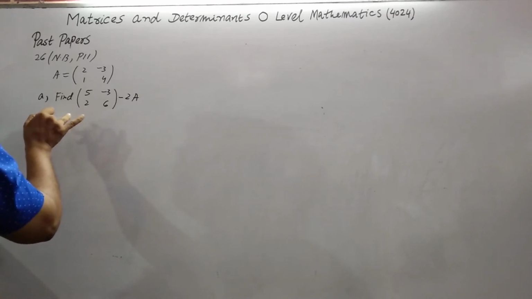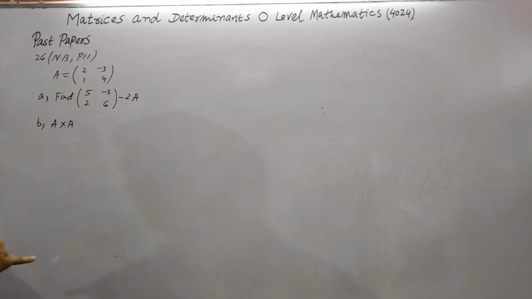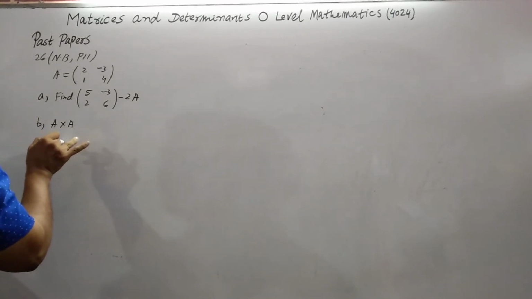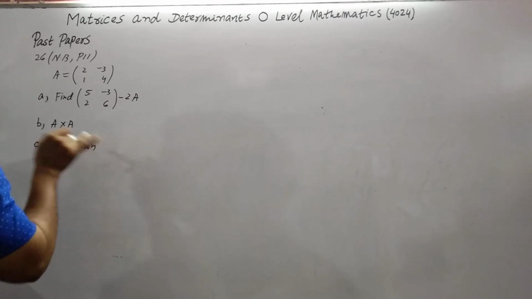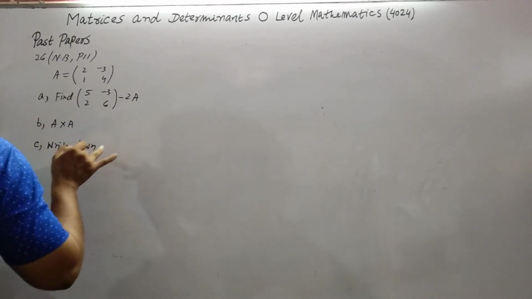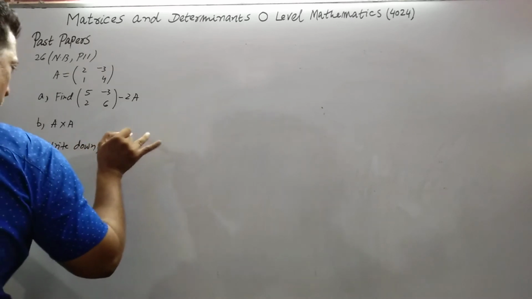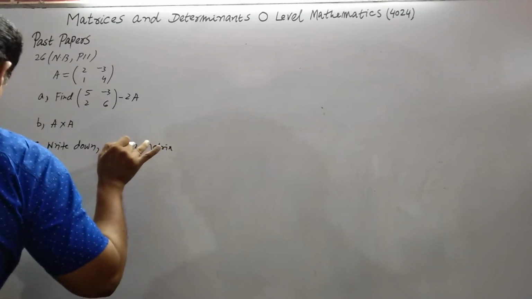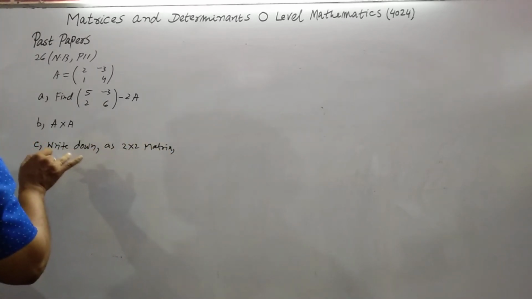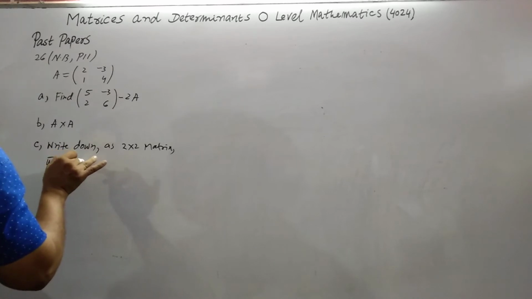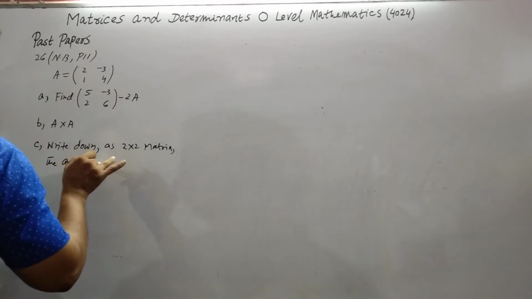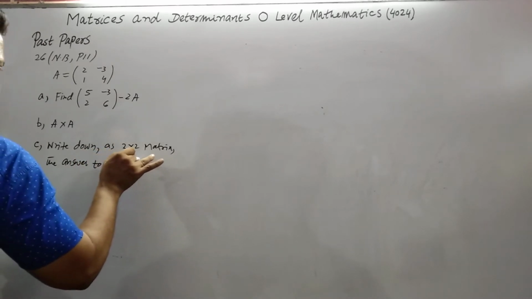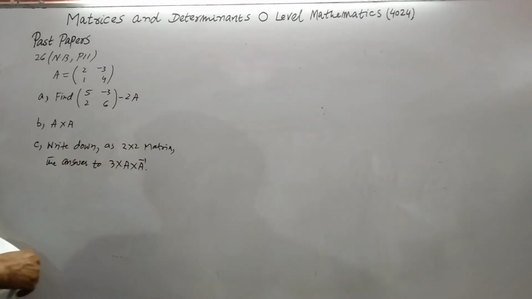Part B is A multiplied by A. Part C: write down, as a 2 by 2 matrix, the answer to 3 multiplied by A multiplied by A inverse.